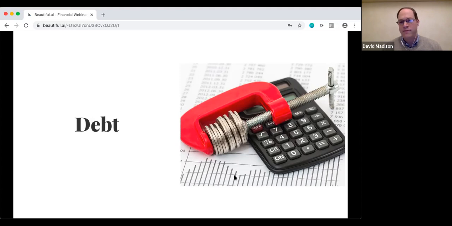This is not a scientific analysis at all, but it's a good way to get a grasp on debt. And I do this when I do the Vital Signs webinar. If you take the entire debt and divide that by your enrollment, you're basically saying how much debt per student we are carrying.